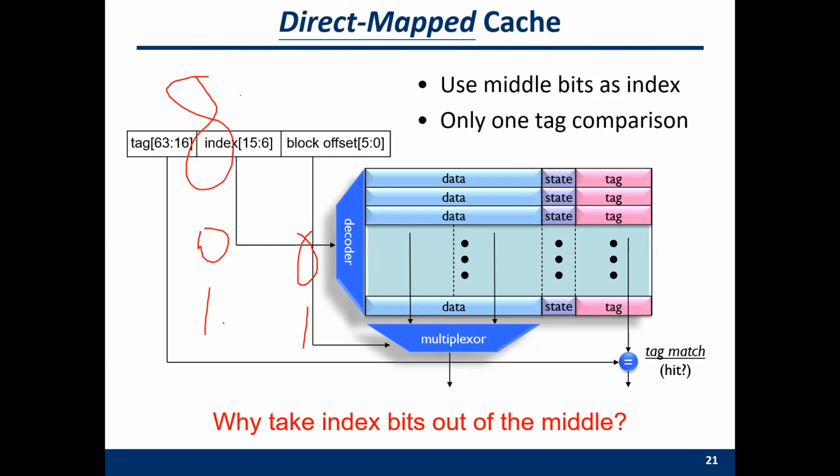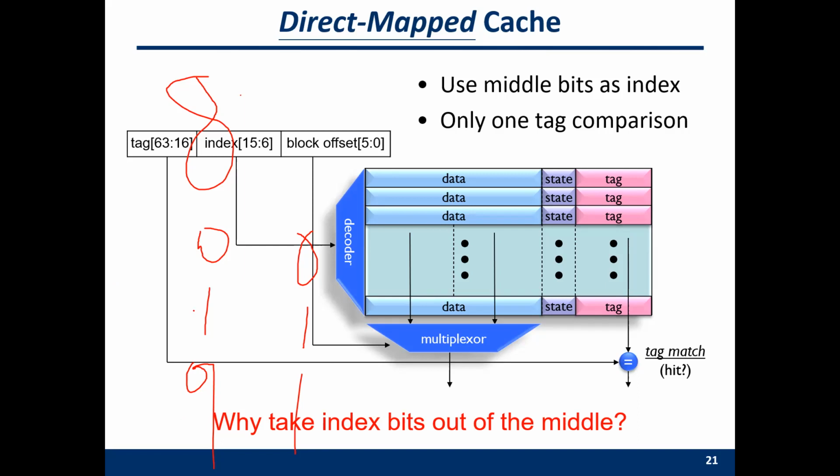But the problem is that address 1 is stored in location 1. Address 9 also needs to be taken mod 8, and the answer is also 1. So address 9 and address 1 will have a conflict if both of them want to store data in the cache, because they will be stored in the same location in the cache.